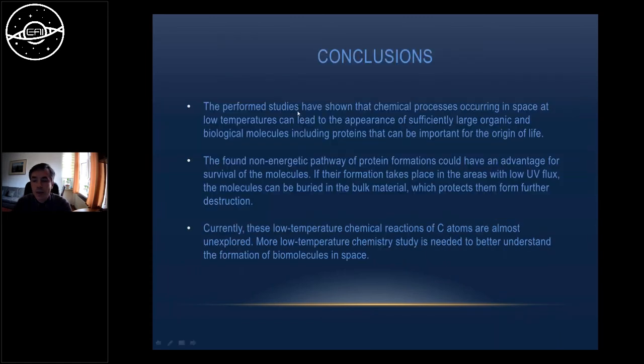And I just want to conclude my presentation: we performed a study which showed that chemical processes occurring in space at low temperature can lead to the appearance of sufficiently large organic and biological molecules, including proteins, and they are expected to contribute to the origin of life on the planets.